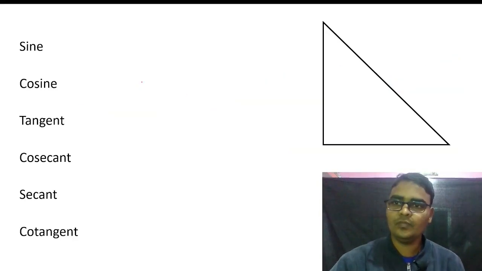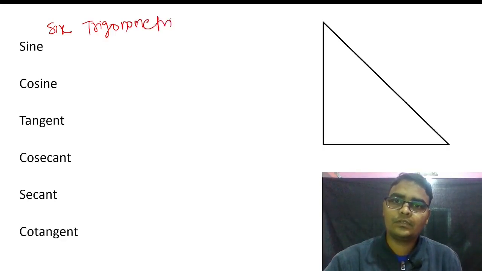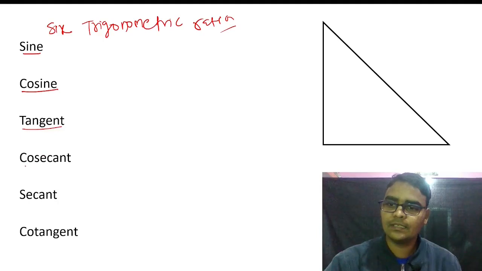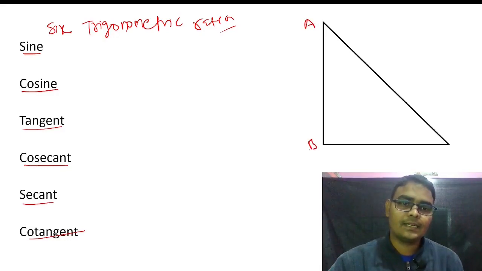Further, there are six trigonometrical ratios. What are they? Sin theta, cosine theta, tangent, cosecant, secant, and cotangent. This is the right angle triangle ABC, where B is 90 degrees.